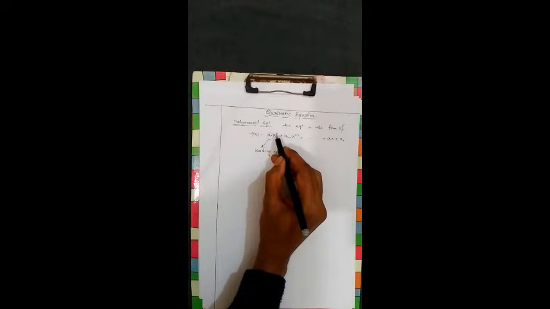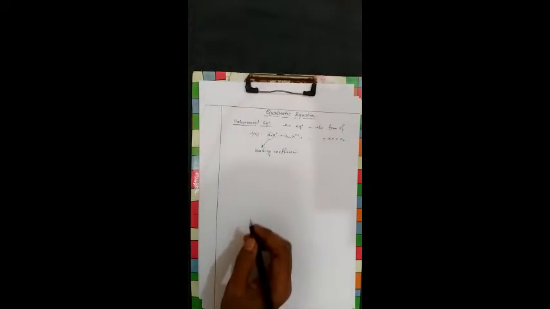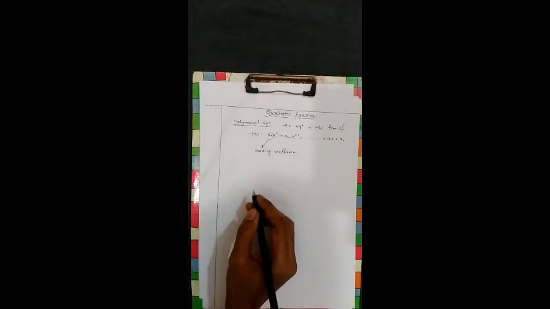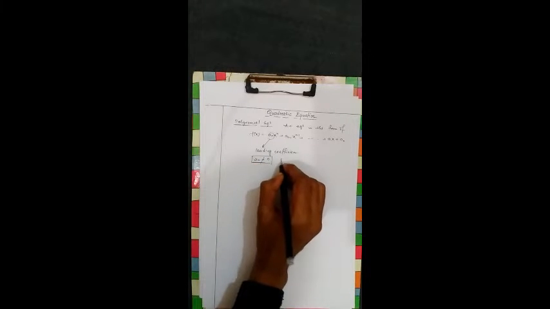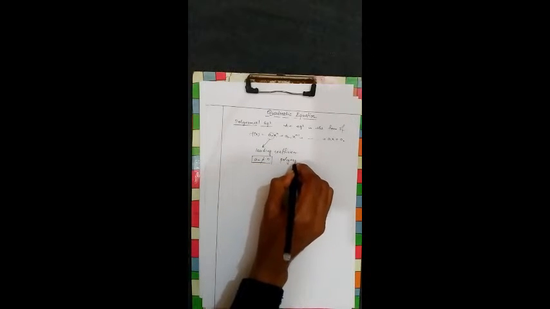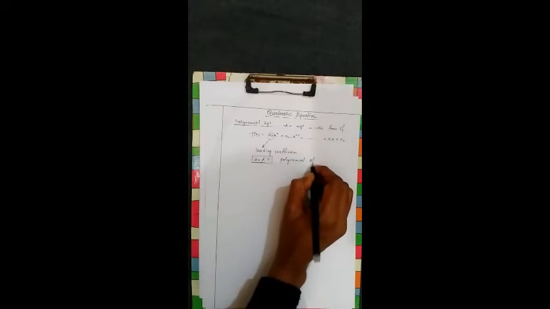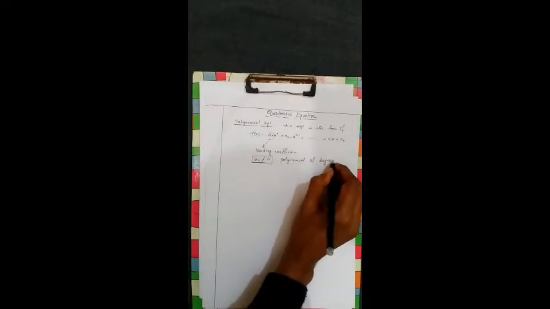As you can say, the highest power of x is n, and it is true if and only if a_n is not equal to 0, then it is a polynomial of degree n.